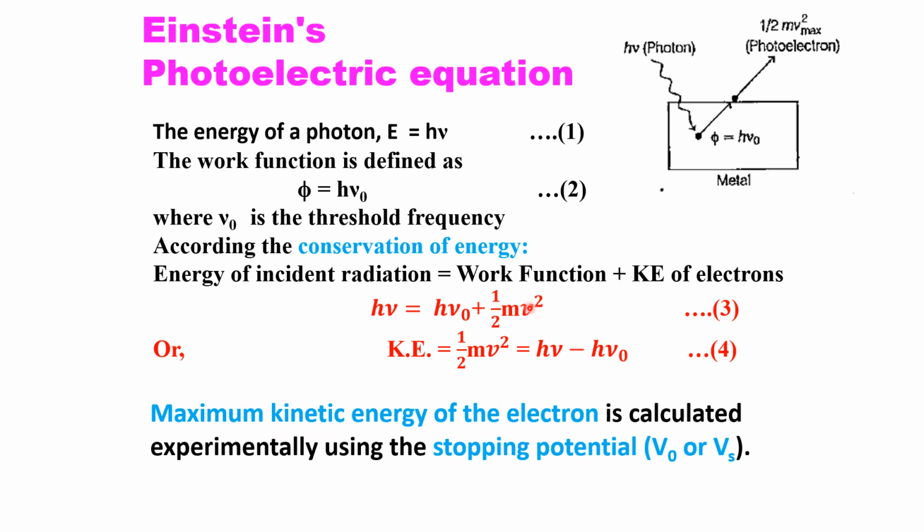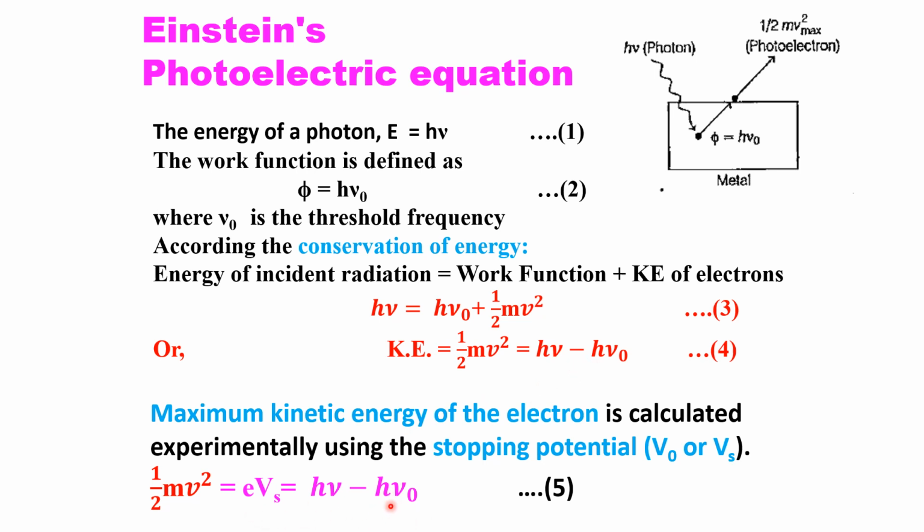The maximum kinetic energy or the velocity we cannot determine directly, so it is calculated experimentally using the measurement of the stopping potential, which is denoted by V naught or Vs. So this kinetic energy half mv square equals e into Vs, and this is equal to h nu minus h nu naught.